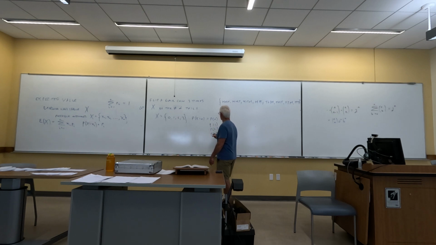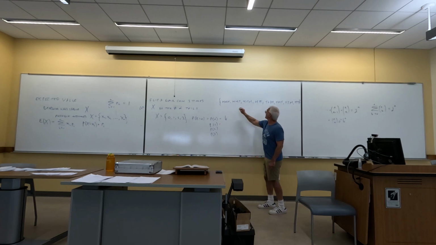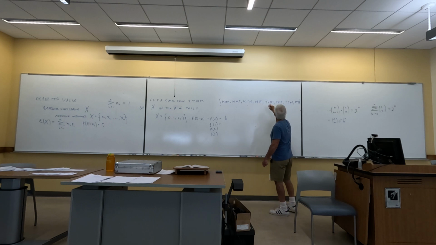Can you tell me if these are capital P's. The probability that my random variable took on the value of 0, meaning I have 0 tails. How many of these outcomes had 0 tails? So what is this? The probability would be 1 out of 8. Now, how many of these outcomes have exactly 1 tail? 3 of them.